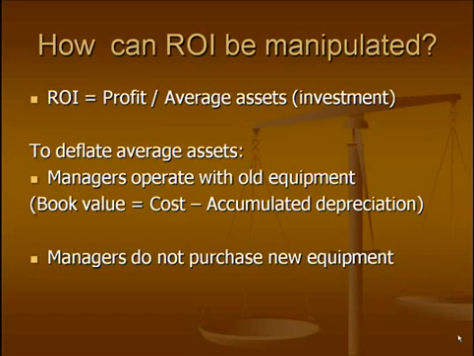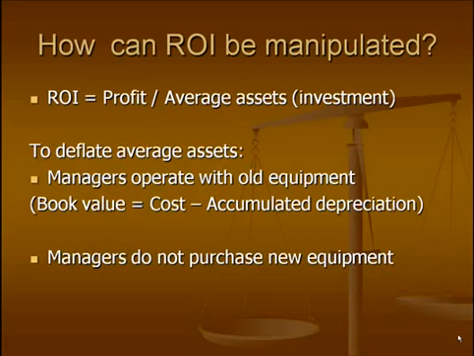So the older the equipment, the higher the accumulated depreciation, which means the lower the book value. So the lower the book value, the lower the denominator of the ratio, which means ROI increases. So ROI goes up.